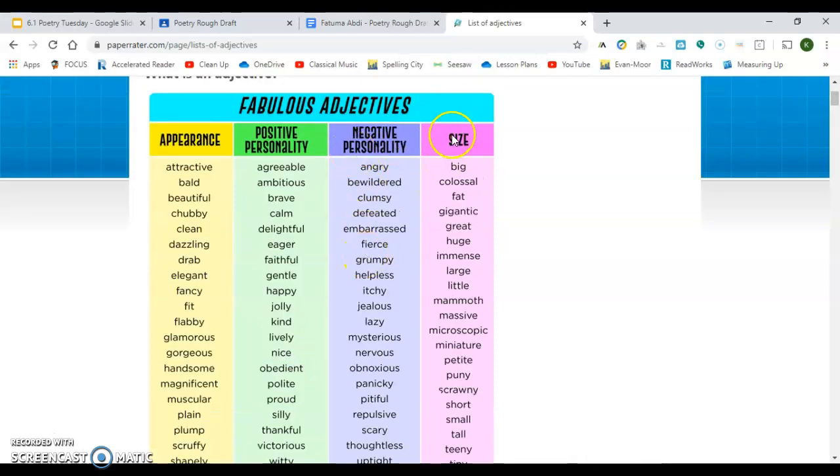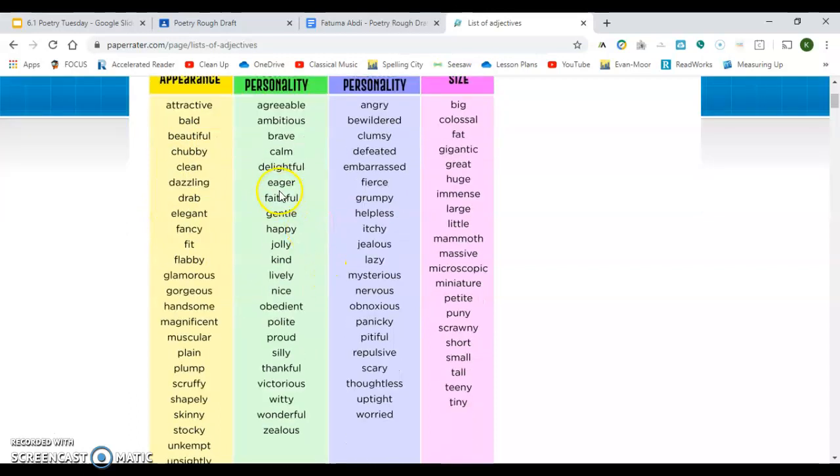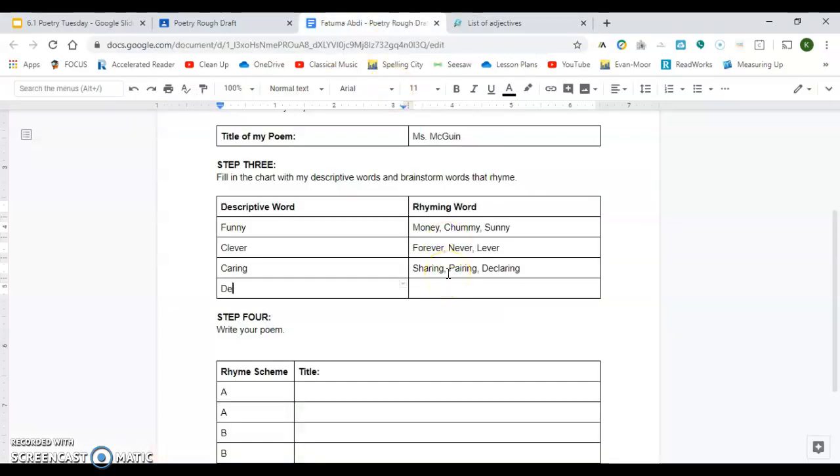These are negative. I don't want to use a negative. So let me see. Delightful, maybe? I could try that. Delightful. Cheerful. Do they rhyme? Not really.